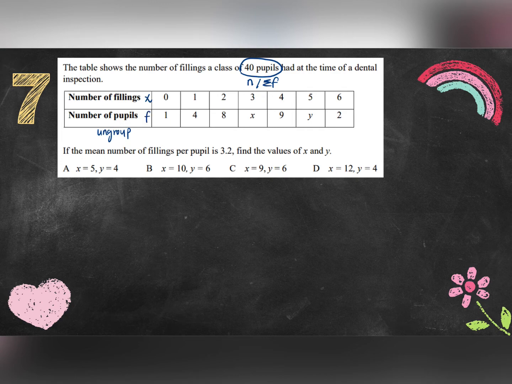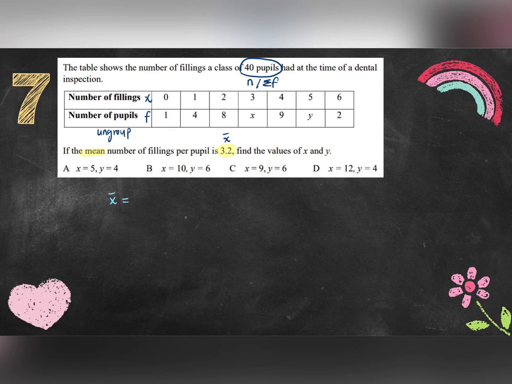Now, the mean number of fillings per pupil is 3.2. Dia beritahu mean adalah 3.2. So, mean ini merujuk kepada X bar. Find the values of X and Y. So mean, kita dapat X bar.